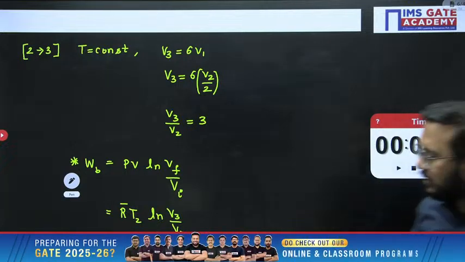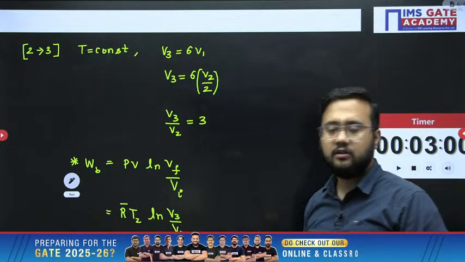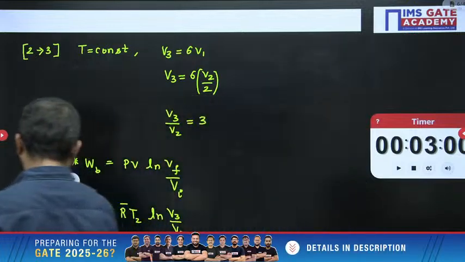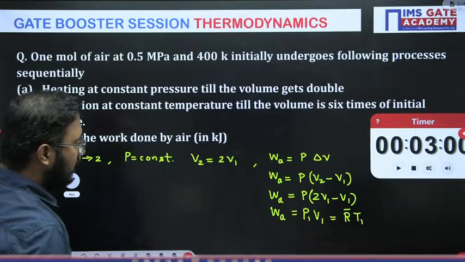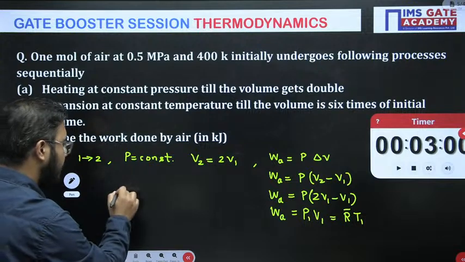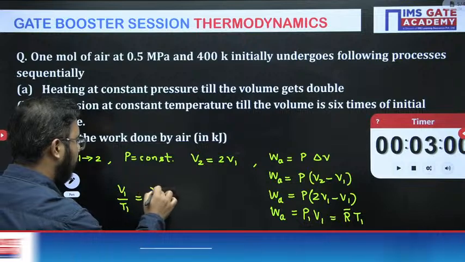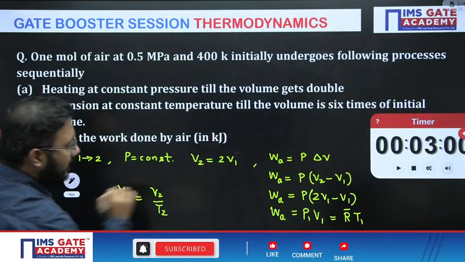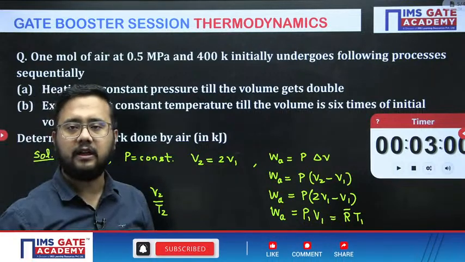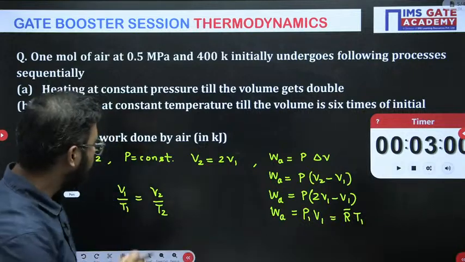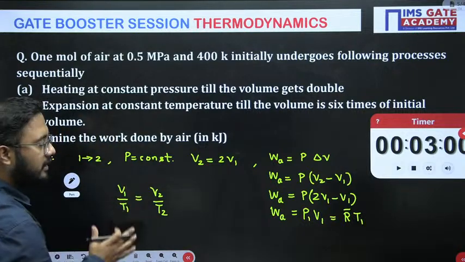Now, the problem is T2, where is the T2 temperature? Okay, for that again we need to see process 1 to 2. Now, as they have given constant pressure process, can I write V1 by T1 equals to V2 by T2? From where I got this relation? From ideal gas only. From ideal gas only we got this relation V1 by T1 equals to V2 by T2.